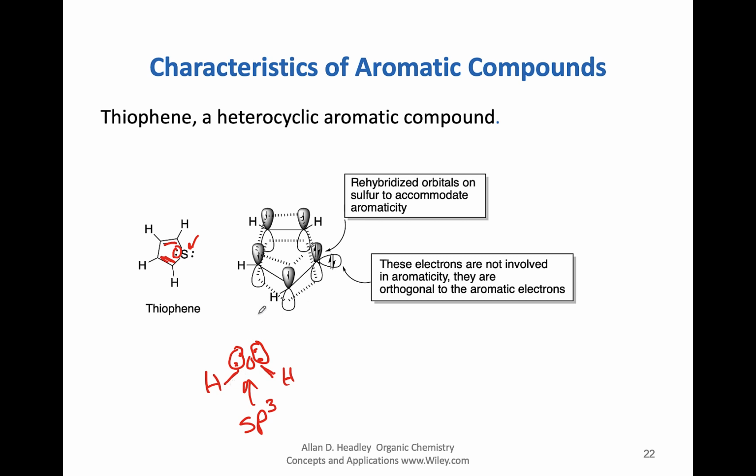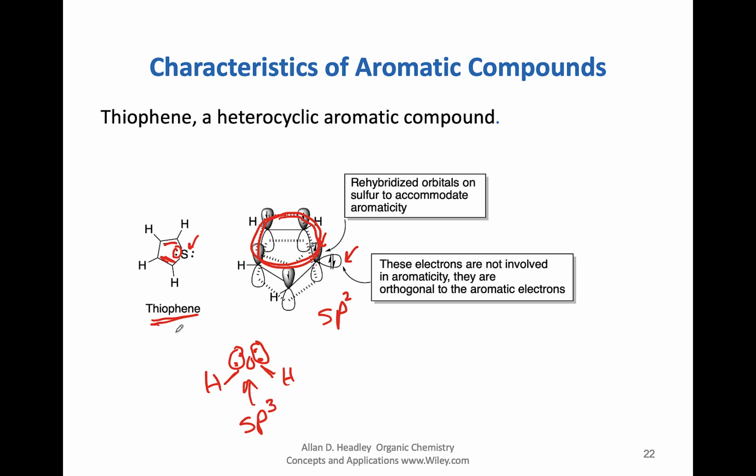But if this sulfur is rehybridized to be sp2, it will put 2 electrons in the p orbital, and the other 2 electrons will be in the sp2, so that we have a complete movement of electrons over the ring, making thiophene aromatic.